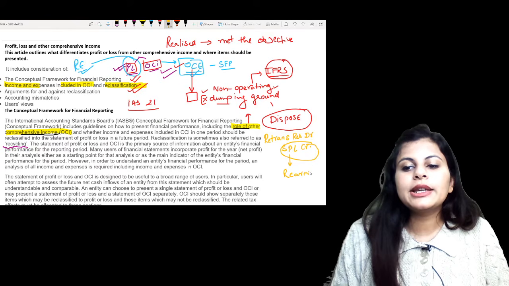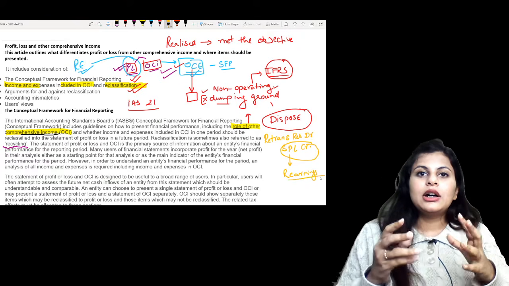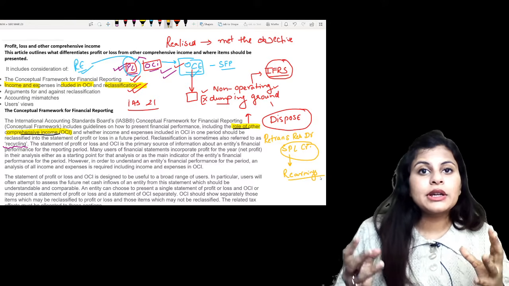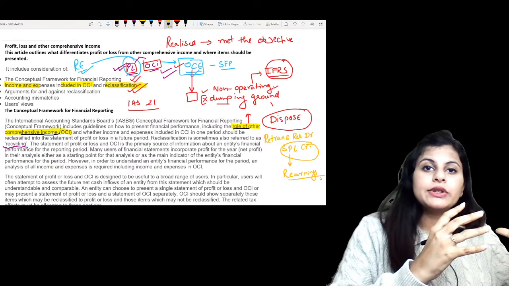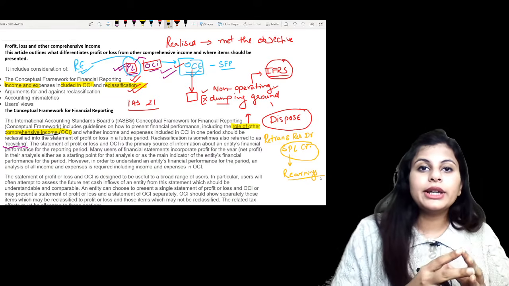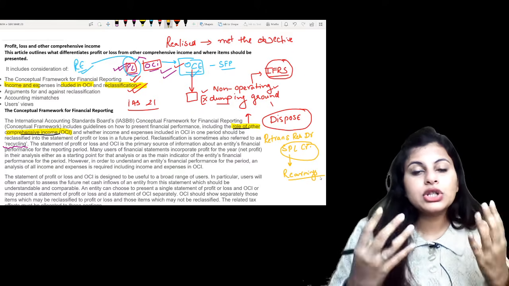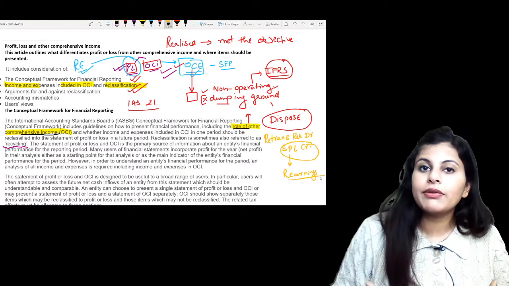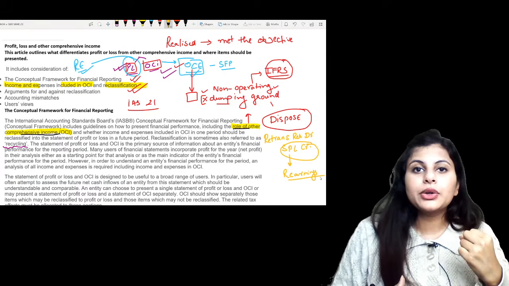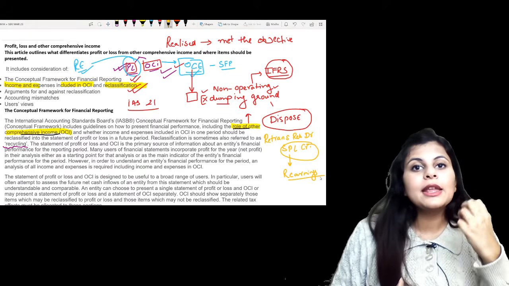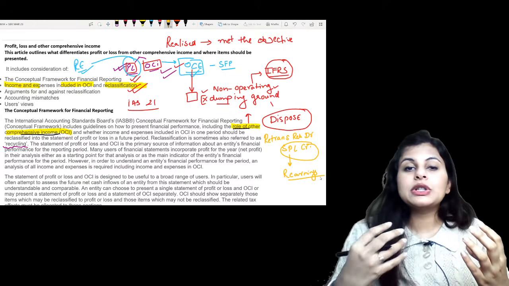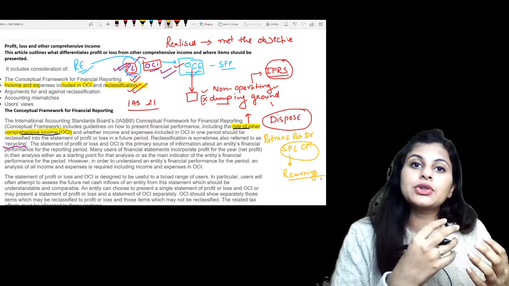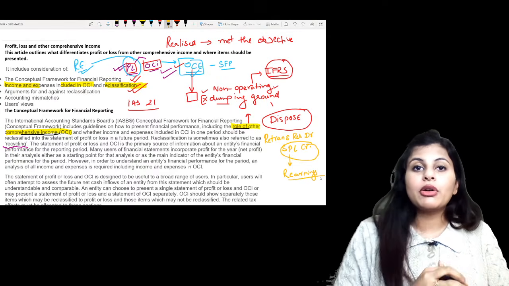So you must be thinking, ma'am, it is affecting our income statement two times. Back when I was the owner of the subsidiary, I took the gain through OCI. OCI is part of the income statement, so it was taken to the income statement in the OCI. Then when it was disposed, again for the sake of reclassification, you took it to this year's statement of profit and loss.